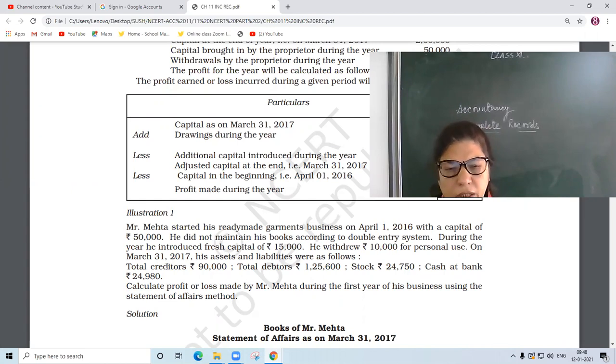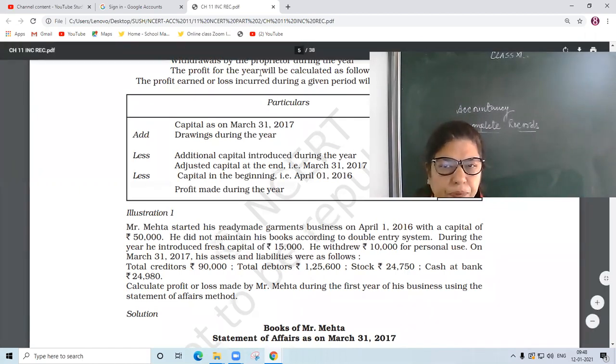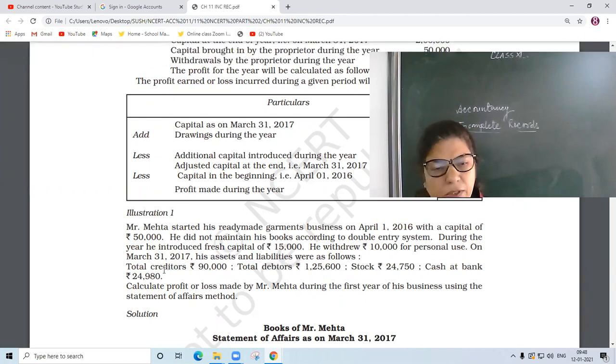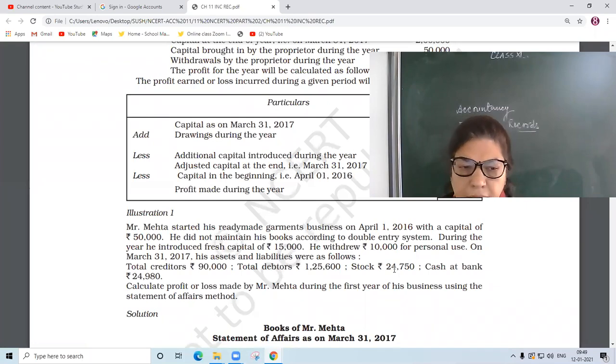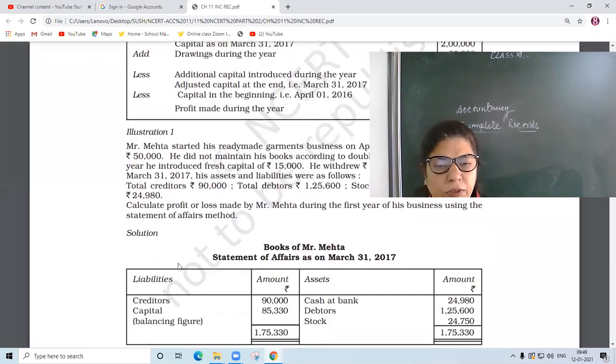See, in this question, closing capital is not given. If the closing capital is not given, then the businessman will prepare a statement of affairs. And in a statement of affairs, creditors will be on the liabilities side, debtors on the asset side, stock on the asset side, cash at bank on the asset side. So the businessman will make the profit accordingly.